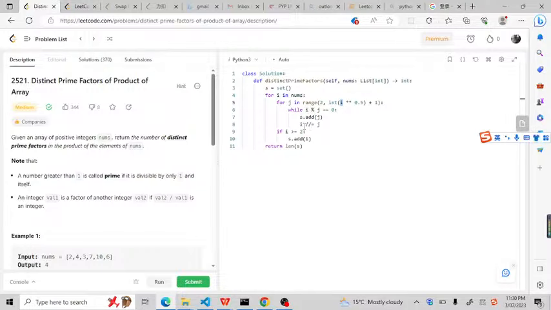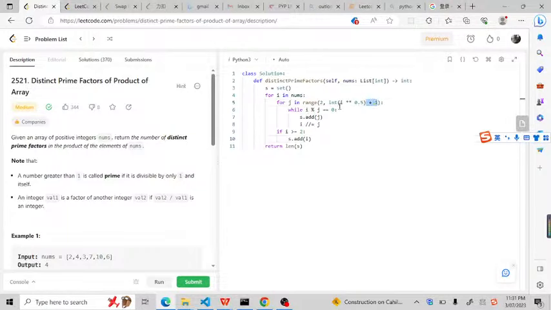Then i is 2, and 2 modulo z, where z is still 2, is 0, so we divide again and put another 2 inside. So it seems it is okay.